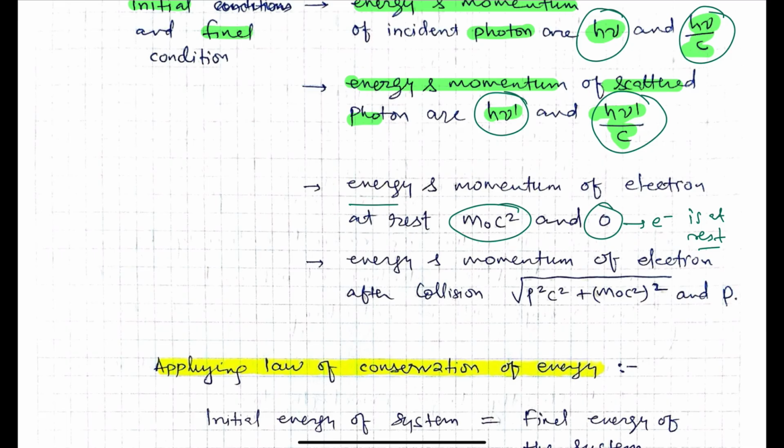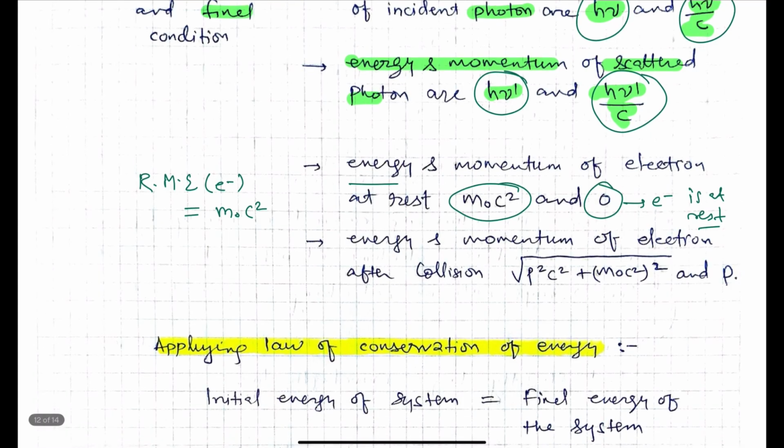That is why the momentum is 0, and the energy of the electron is its rest mass energy, which is nothing but m0 c square.